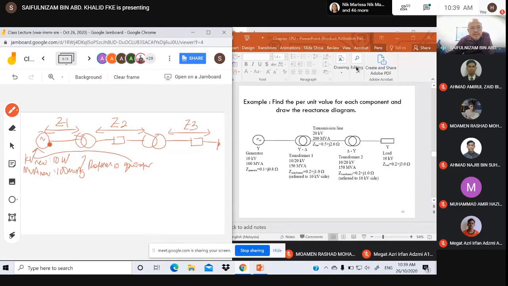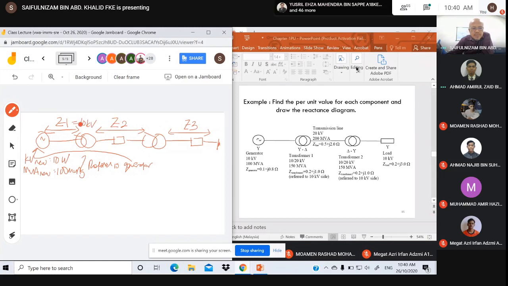Meaning that you have to transform from the upstream to the downstream in getting the base voltage, because you are given the generator as a reference. You have to bring all the quantities from the source, the upstream, to the downstream. So here, zone 1, what is the new base voltage? Given, 10 kV.